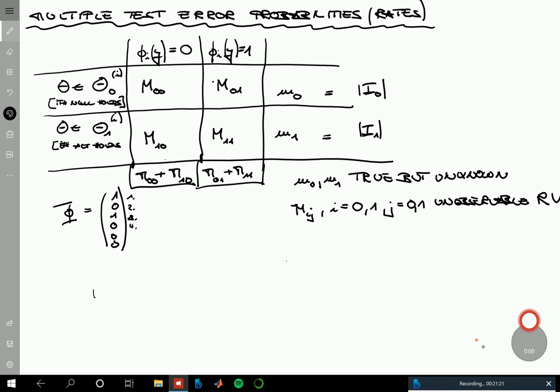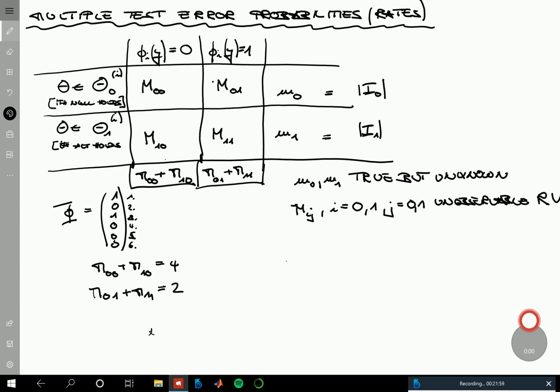So here the total number of accepted null hypotheses would be 4. So M00 plus M10 equals 4 in this case, and M01 plus M11 equals 2. But that's the test observation, and it doesn't correspond to the true but unknown state.